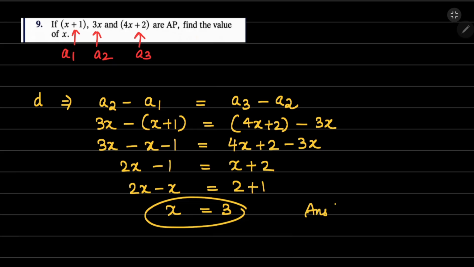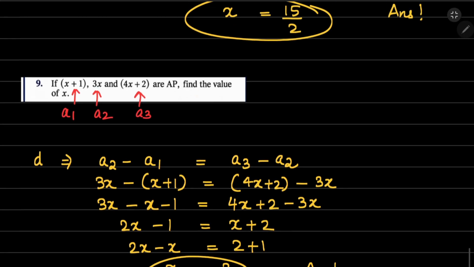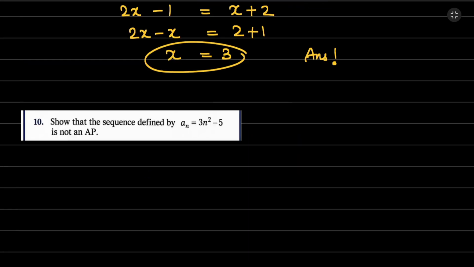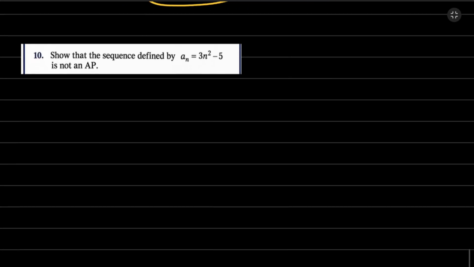If you substitute the value of x equal to 3 in these terms, then they are part of an arithmetic progression. So these are very, very easy questions and you should not have any difficulty in solving them. So let's move on to the next question.